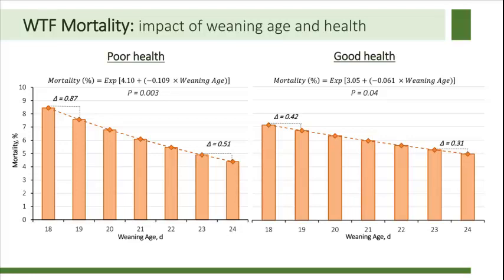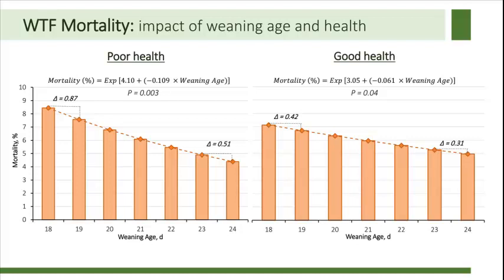In this case, if you go from 18 to 19 days old, the advantage in mortality is a reduction of 0.87% versus 0.51% if a pig is weaned from 23 to 24 days. The impact of weaning age is greater for pigs that are under poor health conditions.